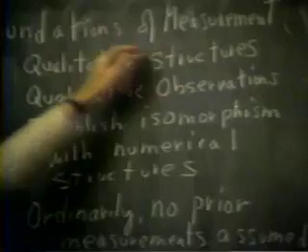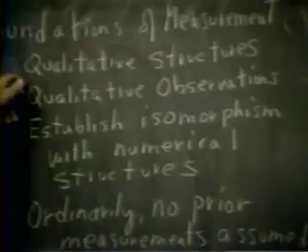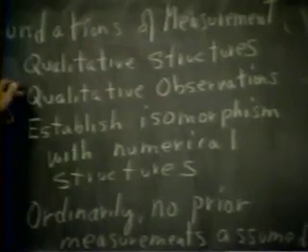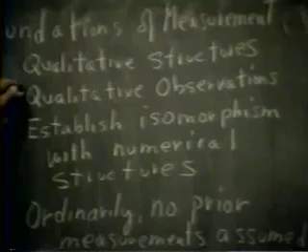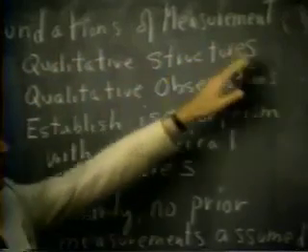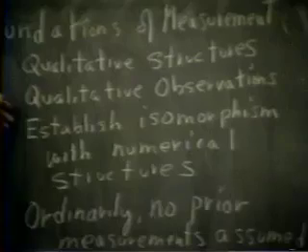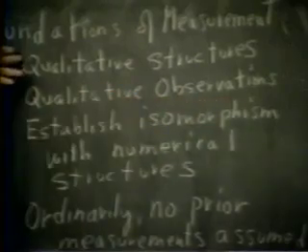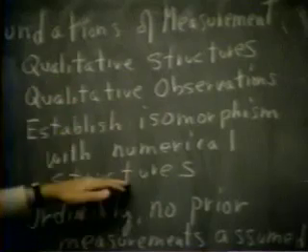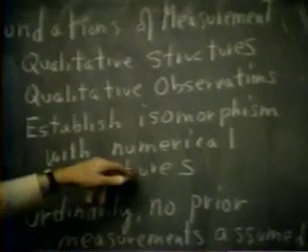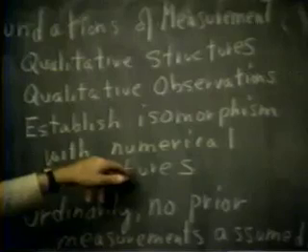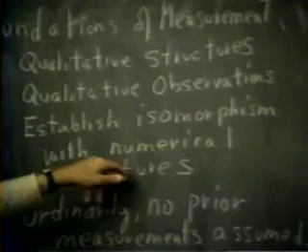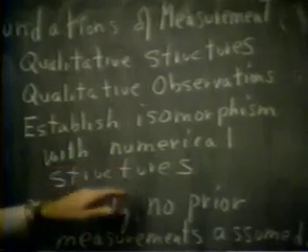We'll have an example in a moment. The empirical observations are qualitative observations, and the point of the theory is to establish an isomorphism between a qualitative structure and a numerical structure. Measurement has been established when that isomorphism has been established.